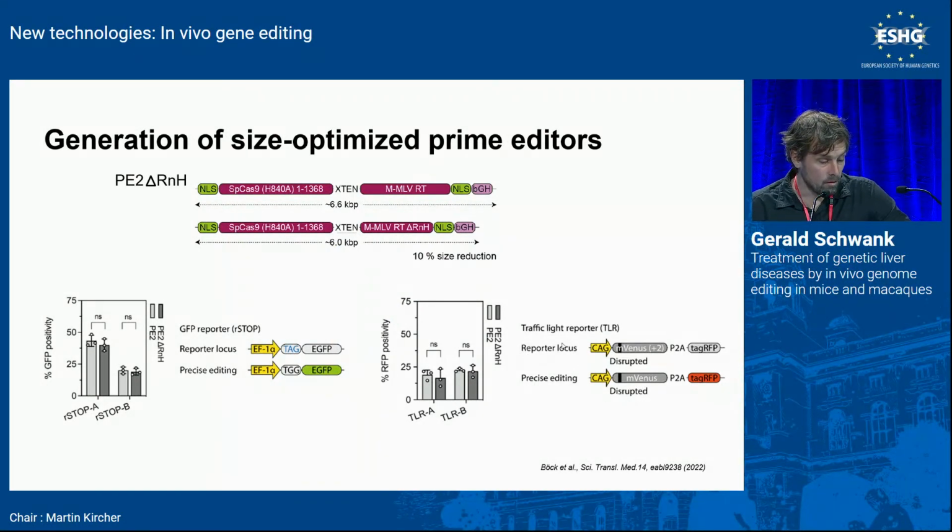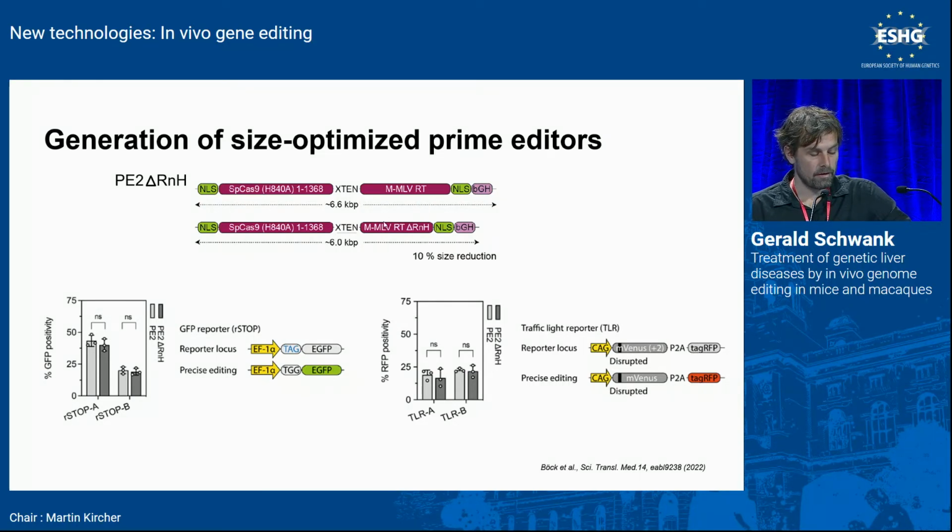When we looked into that, the first issue we had was the large size of prime editors, because on the one hand, Cas9 is large already, but the reverse transcriptase fused to Cas9 is also a large protein. So we first generated deletion mutants and screened whether we can actually remove domains of the reverse transcriptase.